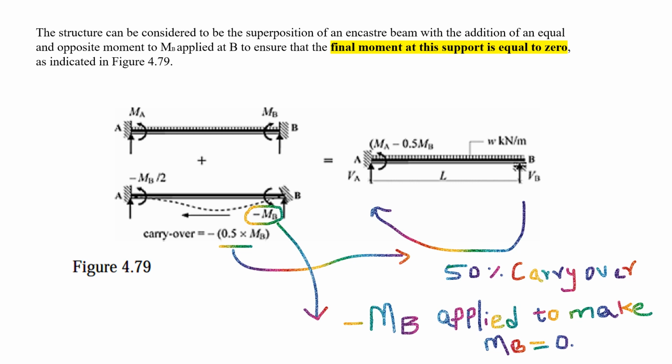Then at this point there will be a 0 moment, and this is W kilonewton per meter, that's a UDL. The 50% carryover will happen since this support is a roller support. We applied minus MB, then it will carry 50% to A. So MA is already here, and MA plus minus 0.5 MB will come down. So let us see here.